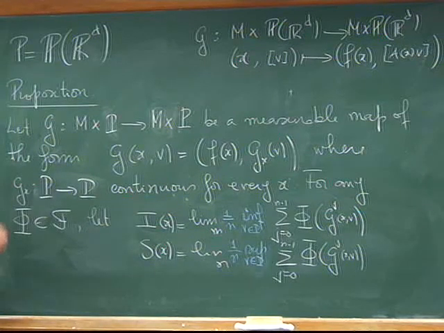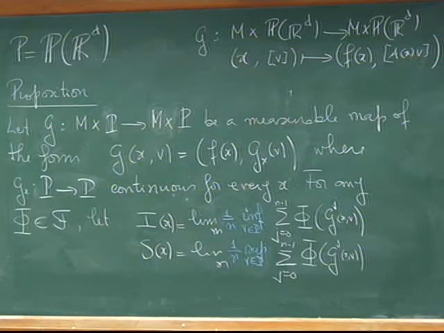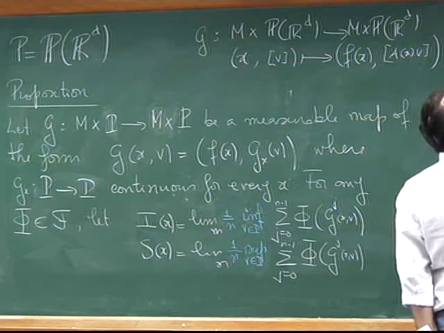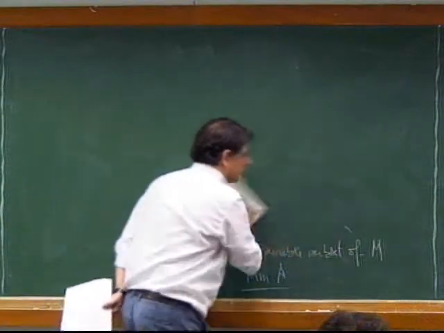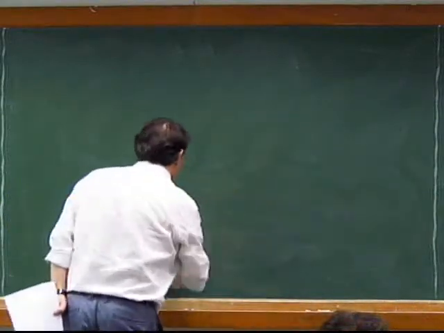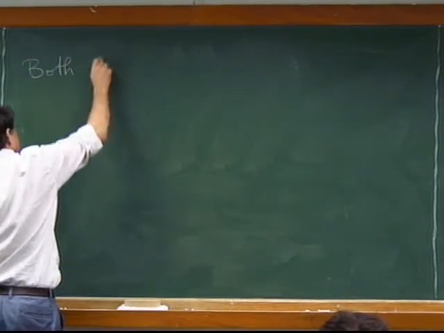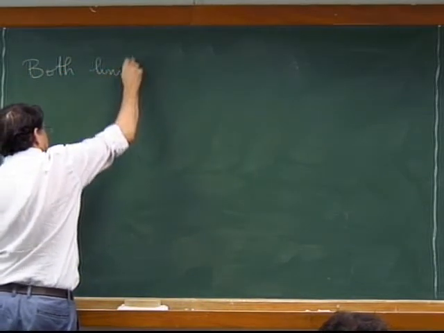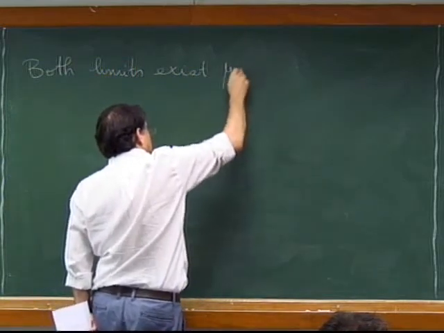The proposition says both limits exist mu almost everywhere.